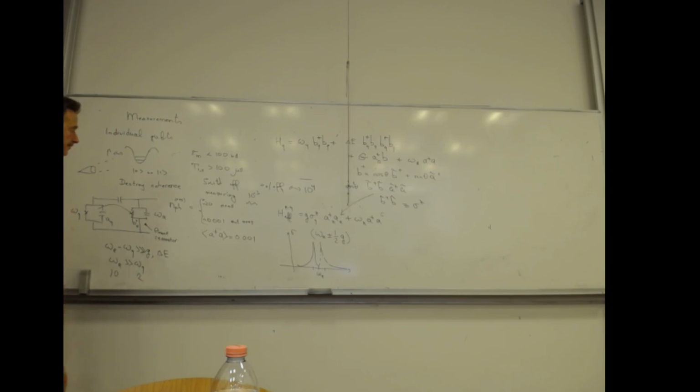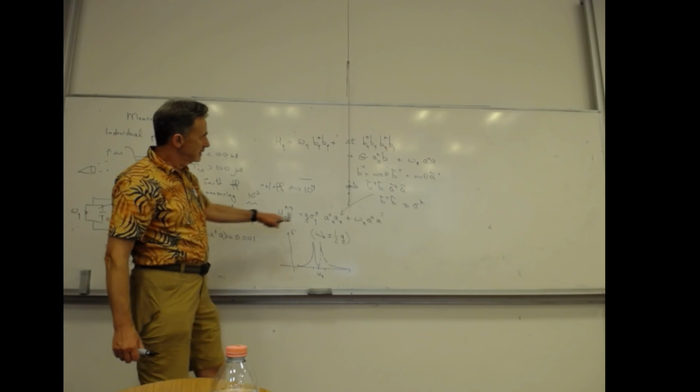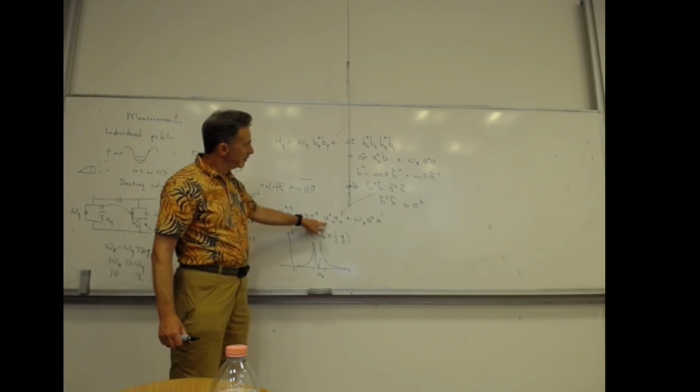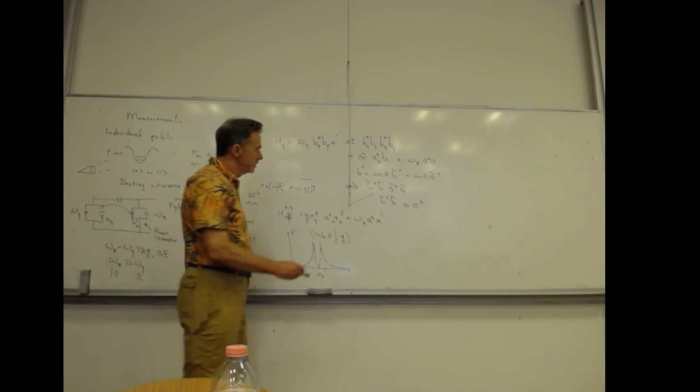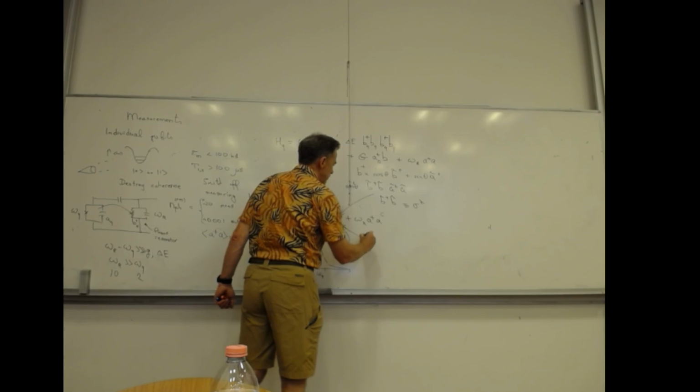Now, why does it also lead to dephasing? It's quite clear, because if we have some arbitrary number of photons in the resonator, that number fluctuates.